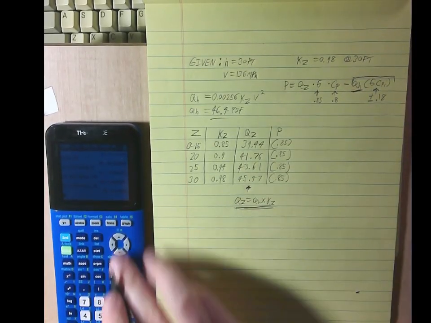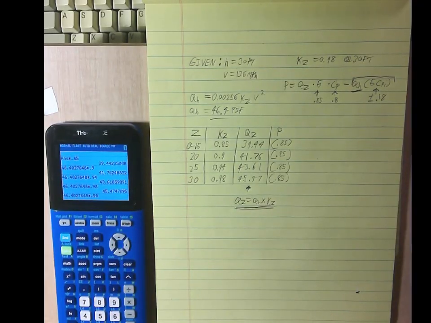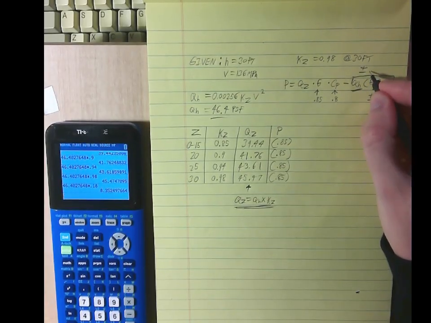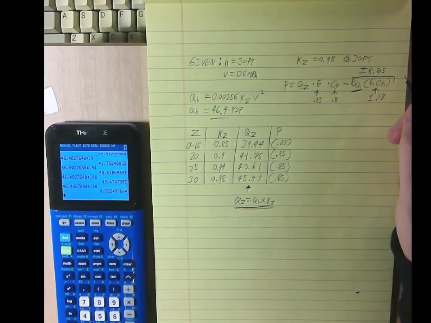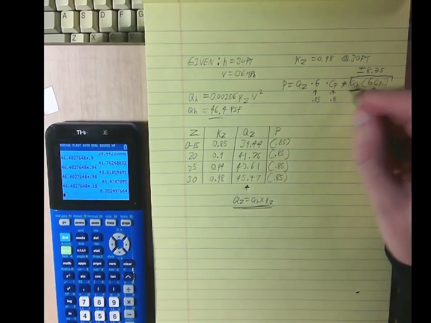So if I do 46.4 times 0.18, then I know that this is actually plus minus 8.35. So that simplifies this whole thing right here.